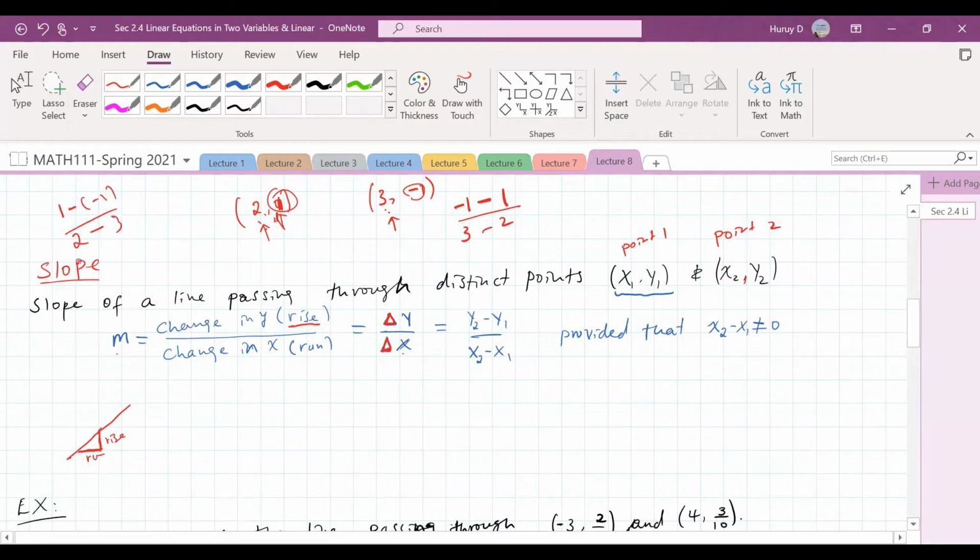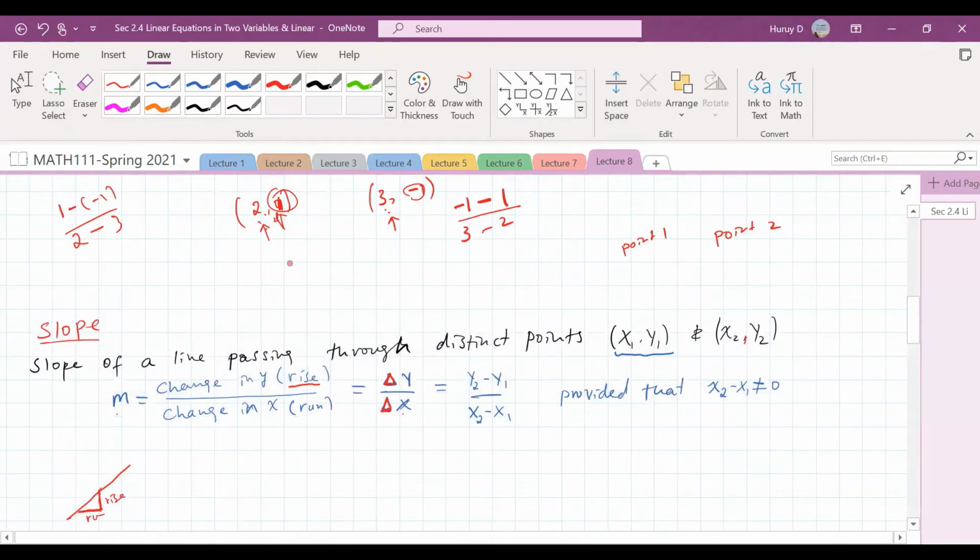Do not do this. You have to be careful of not doing this. For example, if you start with this, -1, and subtract this from this one, and then the other way around.